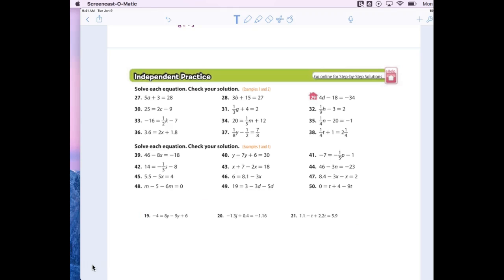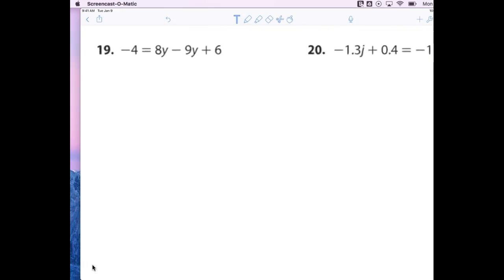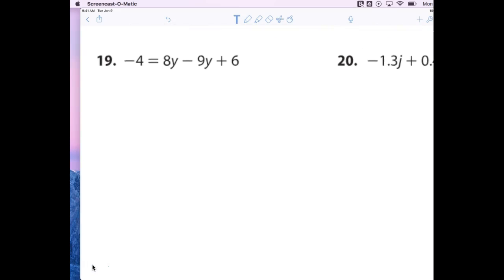All right. Here we go, Bradley. 19. We have a little problem here, Bradley. Is it negative 9y plus 6 minus 4 equals 8y? No. Nope. Look right here. Highlight this or underline this.